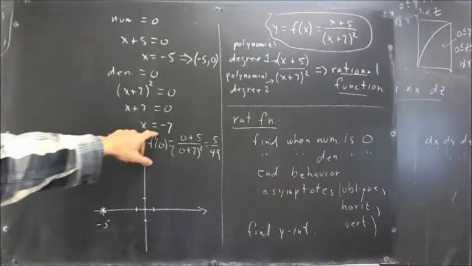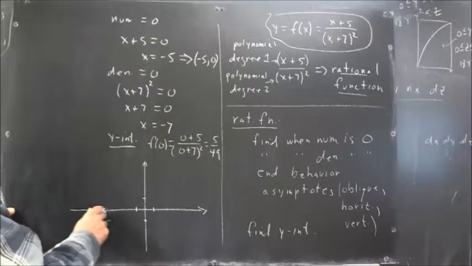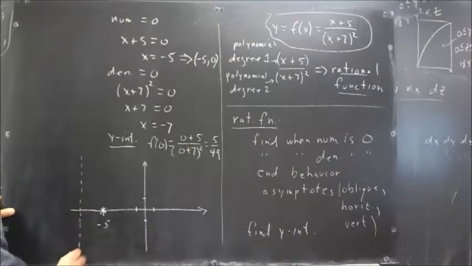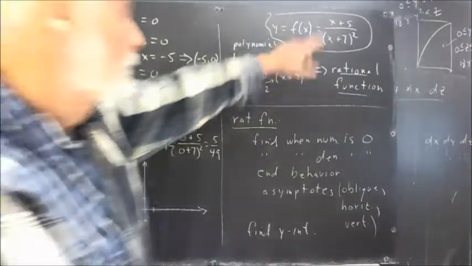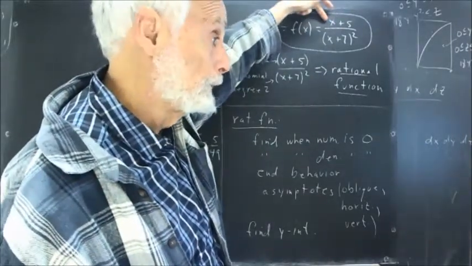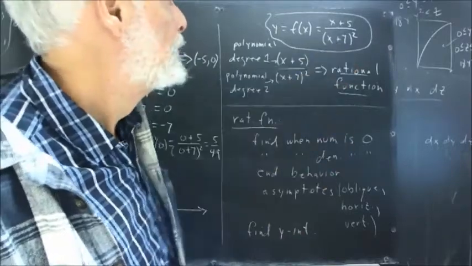The denominator is 0 when x equals negative 7. So we go over here even a little further, and we're going to sketch the line x equals negative 7. When x is close to negative 7, the numerator is going to be close to negative 2, and the denominator is going to be close to 0.